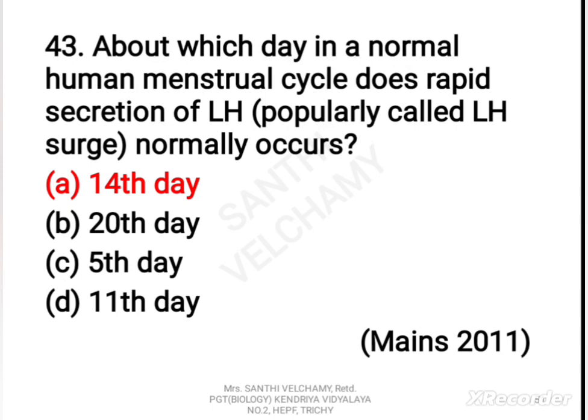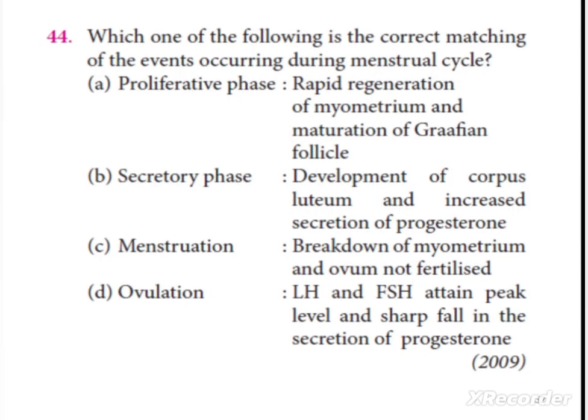14th day. Next one. Here also they have given 2 columns. Which one of the following is the correct matching of events occurring during the menstrual cycle? Proliferative phase, secretory phase, menstruation, ovulation, 4 stages they have given.